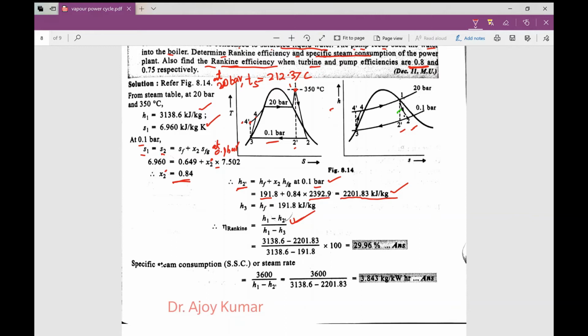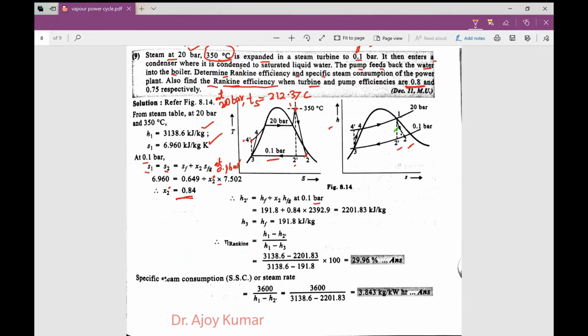Okay, now dear students, in the actual case, this has to be solved by calculating the actual one. Point 2 dash is shifted to 2. How can you calculate enthalpy at point 2?